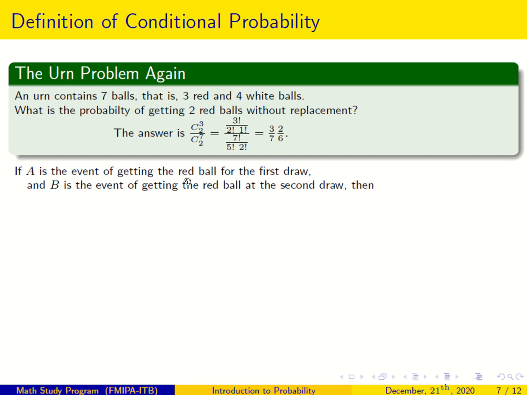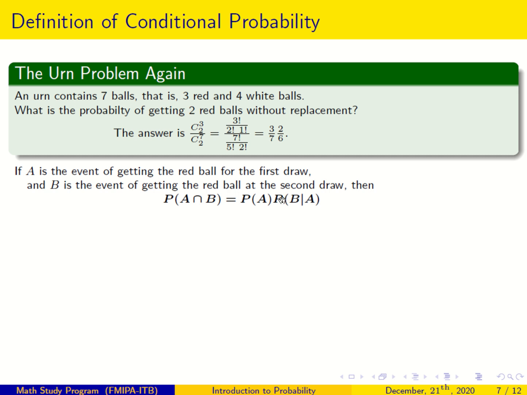So if A is the event of getting the red ball on the first draw and B is the event of getting the red ball on the second draw, then getting this and getting this is the event A intersection B. And what is this? 3 over 7, the probability of A. And what is this? 2 over 6, the probability the second draw is a red ball, given the first draw is red.